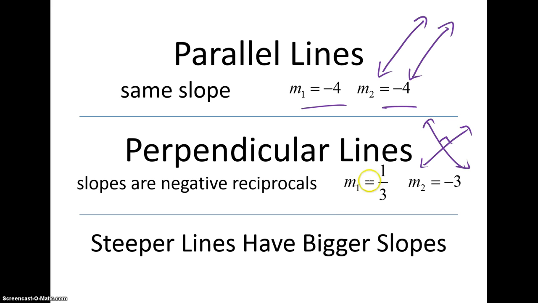Reciprocals, meaning that they are flipped. 1/3 becomes 3/1. Okay. Steeper lines have bigger slopes. For example, a slope of 2, a line that would be steeper would be a slope of 5.